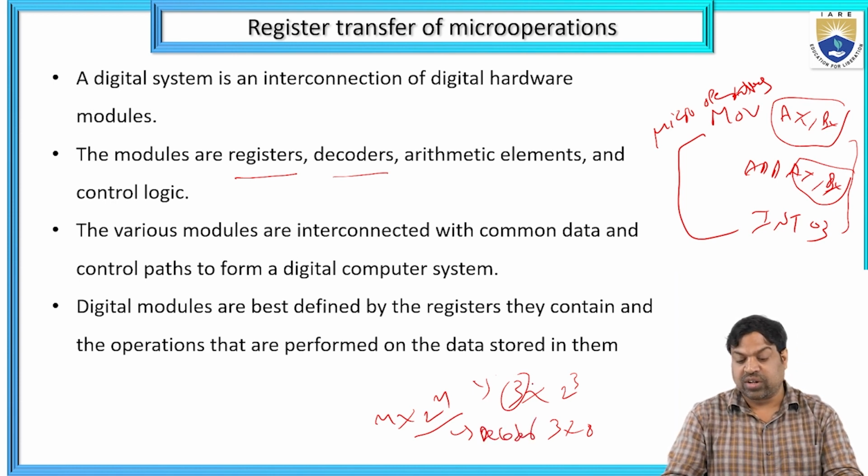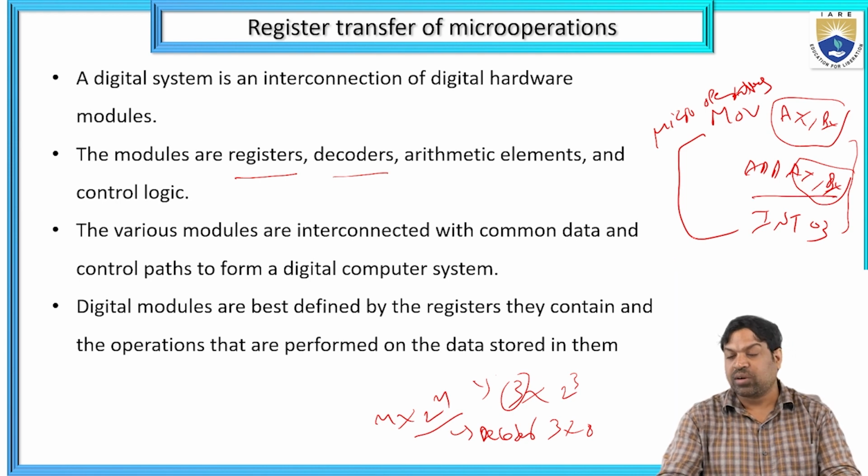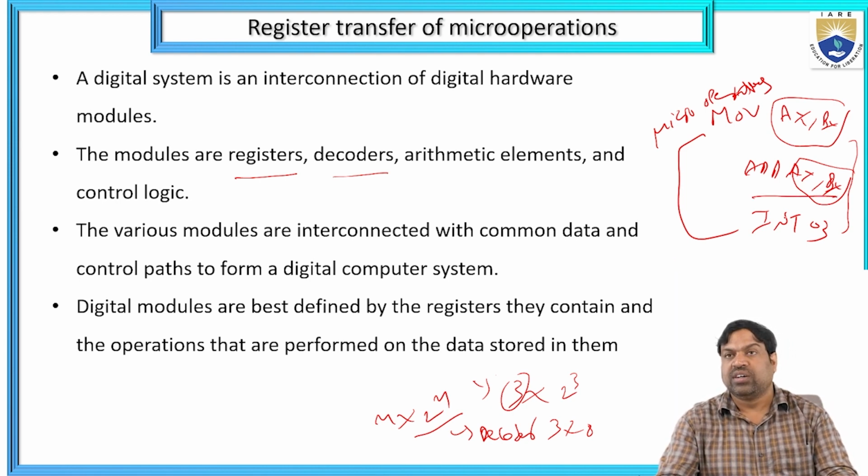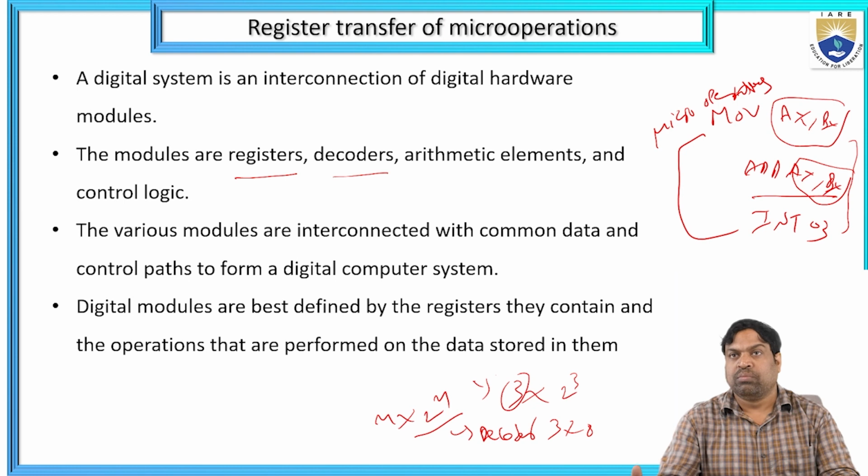That is a decoder. Arithmetic and logical elements we know already. Suppose add AX, BX, move AX, BX, shift, mul, div, sub. These are the arithmetic elements or control logic I have to use for the register transfer.